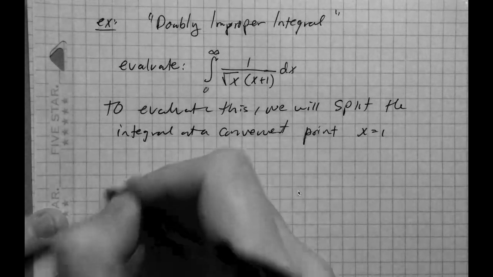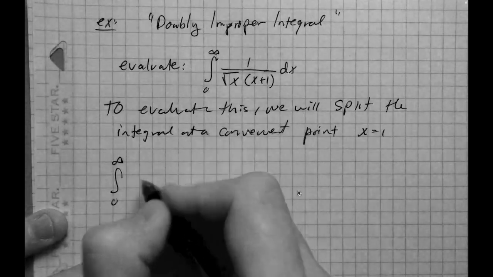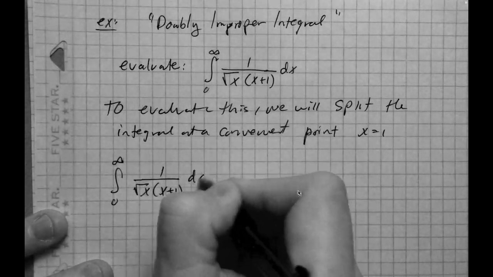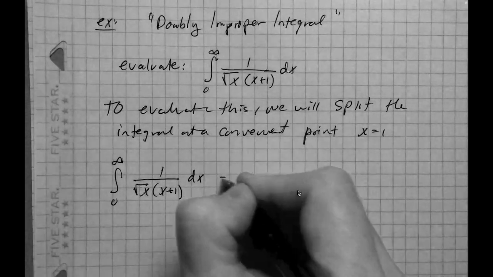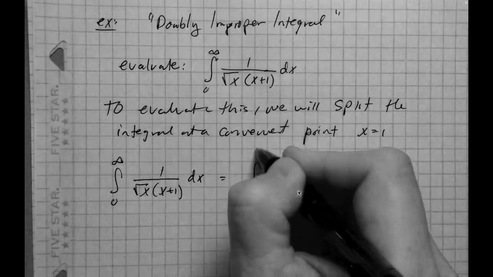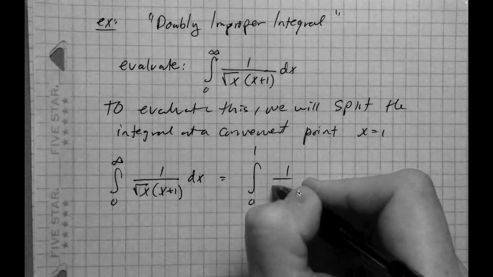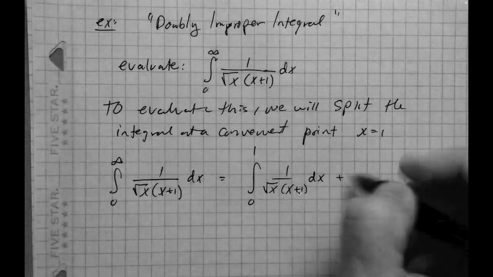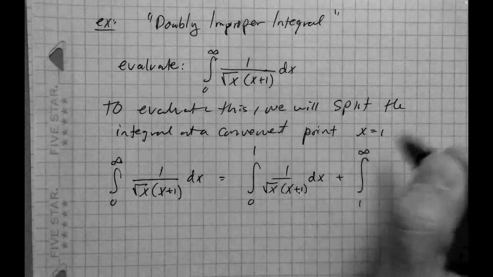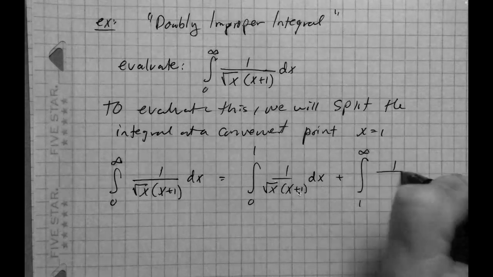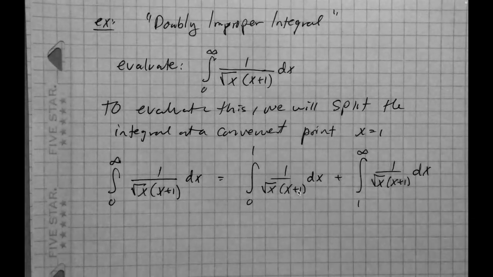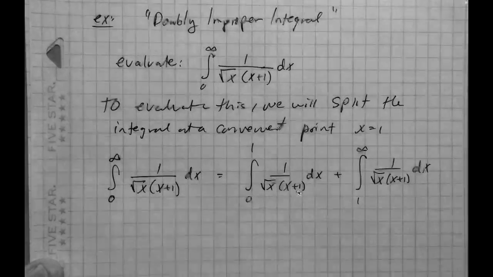So the integral from 0 up to infinity of 1 over the square root of x times x plus 1 dx is going to be equal to the integral from 0 up to 1 of 1 over the square root of x times x plus 1, plus the integral from 1 up to infinity of 1 over the square root of x times x plus 1 dx. So basically just taking that range 0 to infinity and breaking it apart into two pieces.